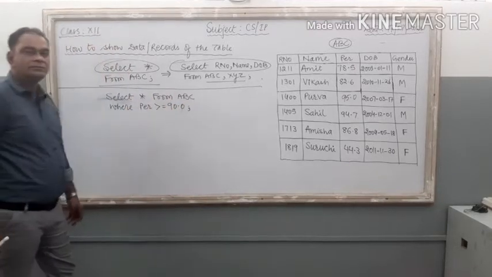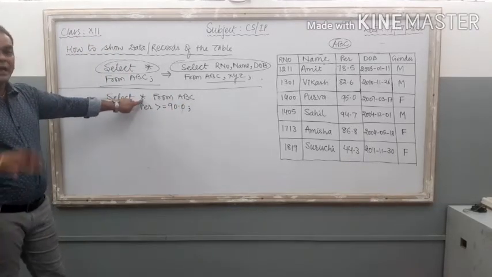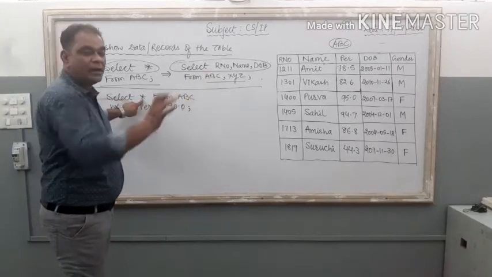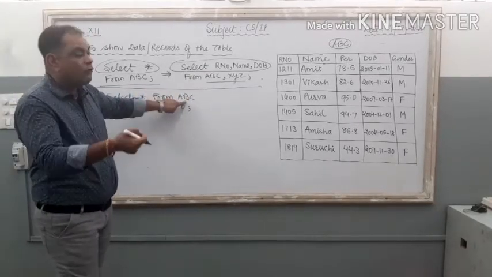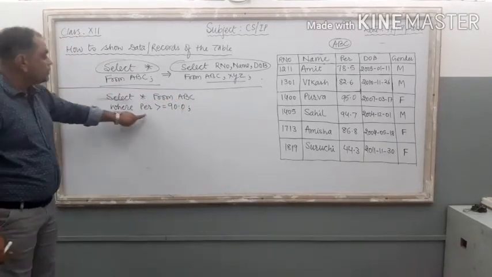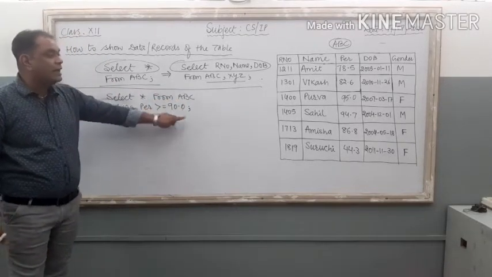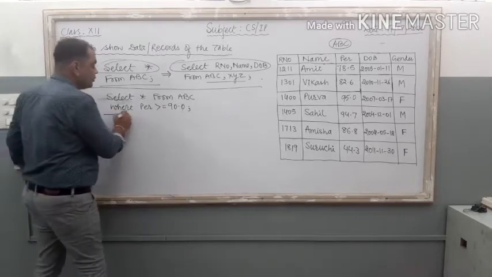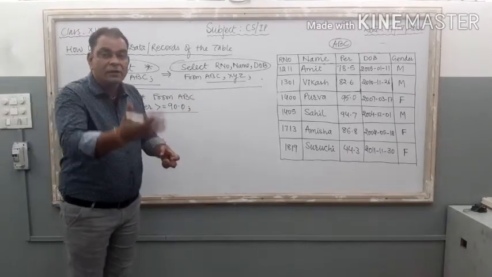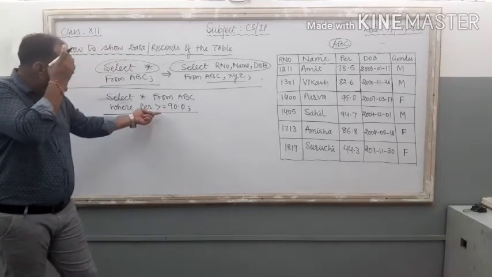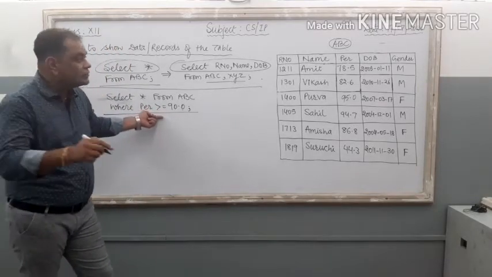What will happen now? Select star means each and every column will be there on the monitor. From ABC means the data that is coming out from the ABC table, where percentage is greater than equal to 90. Now the computer is going to filter the records of the table and only those records that satisfy the specific condition will be there. Means what?